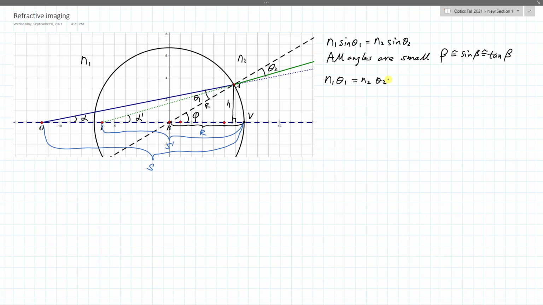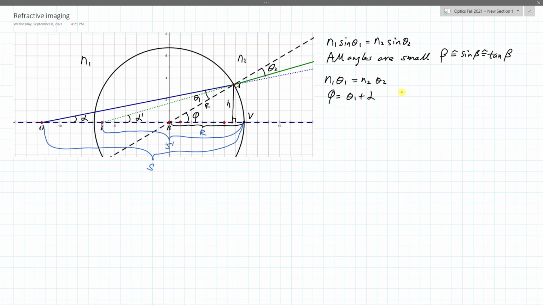If you look at this phi here, this angle, and you look at this triangle with the blue solid and dash blue and this dash black, this whole triangle here, this outside angle, we have phi, that is equal to the sum of this angle theta 1 and that angle alpha. So that's theta 1 plus alpha.